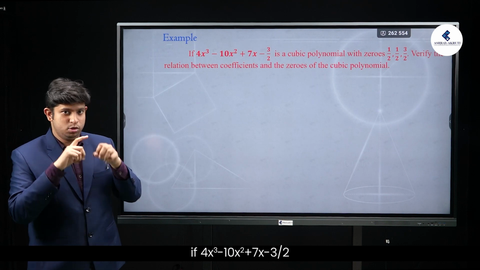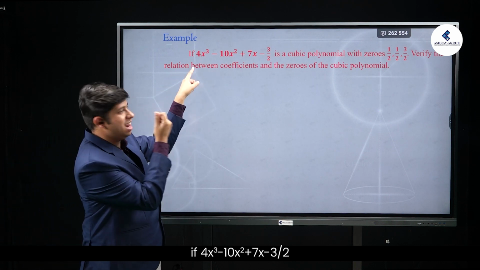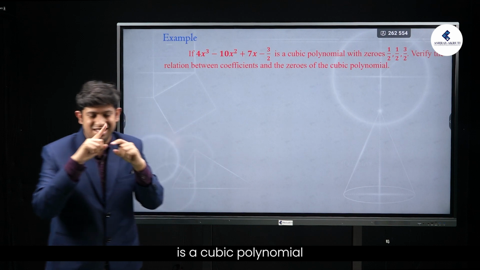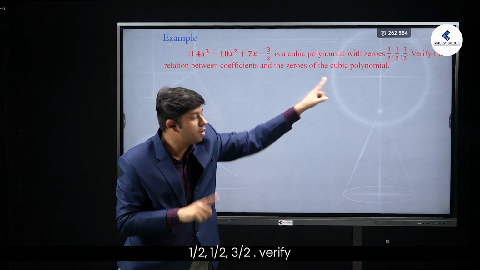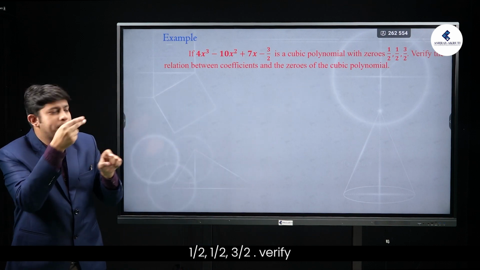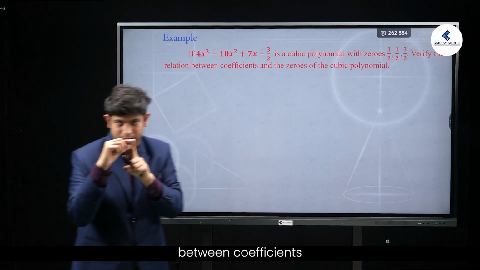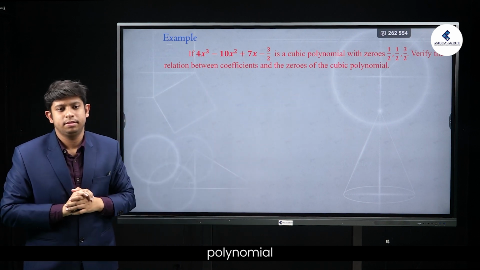Example: if 4x cube minus 10x square plus 7x minus 3 by 2 is a cubic polynomial with zeros 1 by 2, 1 by 2 and 3 by 2, verify the relation between coefficients and the zeros of the cubic polynomial.